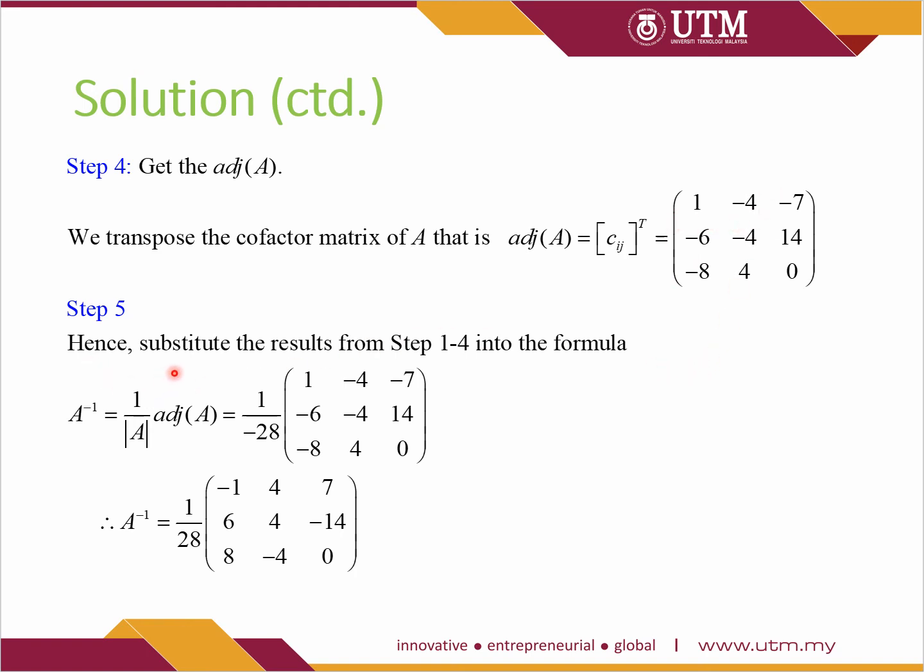Then after that, substitute the results from step 1 to 4 into the formula of the inverse matrix, where 1 over the determinant of A is multiplied by the adjoint of A. So we get the inverse matrix of A in terms of this.